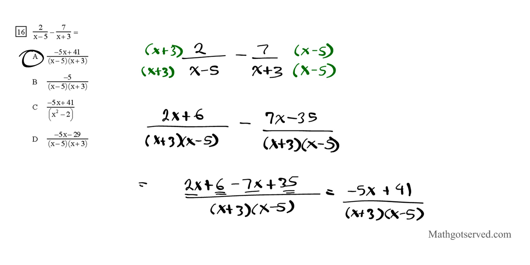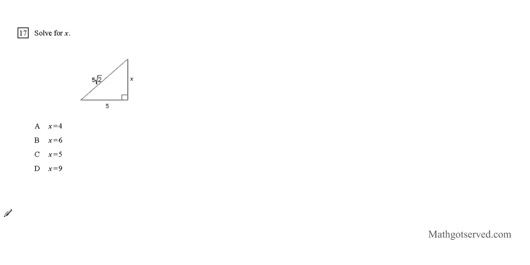All right. Let's look at question number 17. We're going to solve for x. This has a 5 and a 5 or 2, so this looks like a 45, 45, 90 triangle. So in this 45, 45, 90 triangle, this is going to be 45, and this is going to be 45.